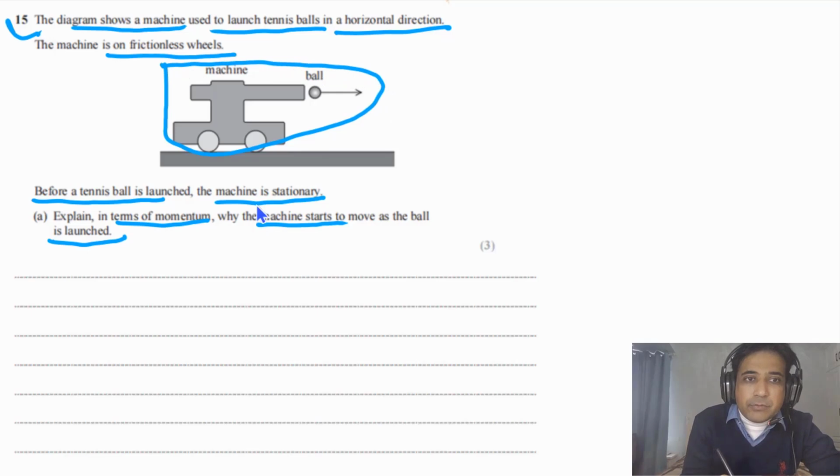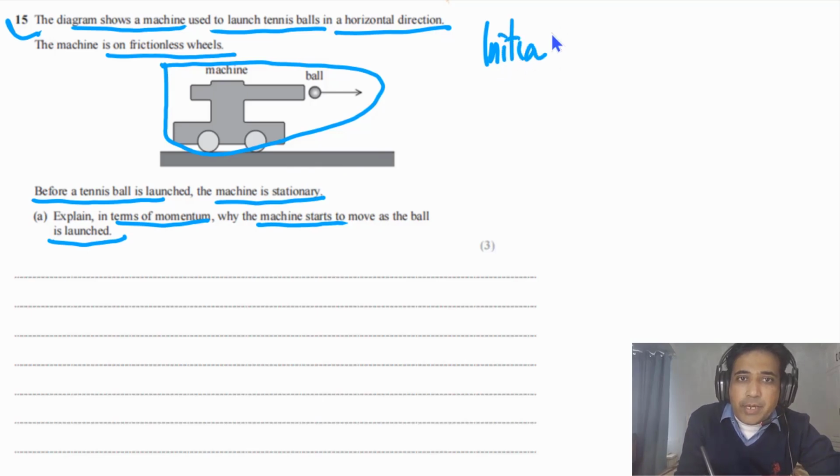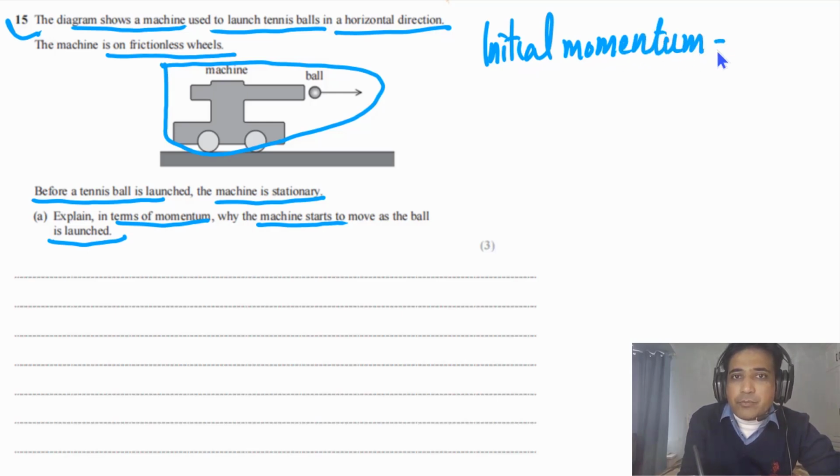For this question, it is given that initially the machine is stationary. So it simply means that initial momentum is equal to 0. So we can say this is our first point: the initial momentum of the system is equal to 0. Now we need to look at this system. Is there any external force acting on the system or not? If you look along the horizontal, there is no external force acting on the system. So it means that total momentum is conserved.